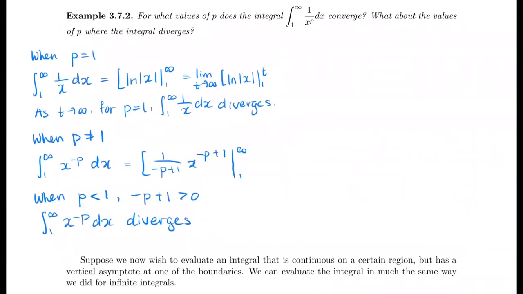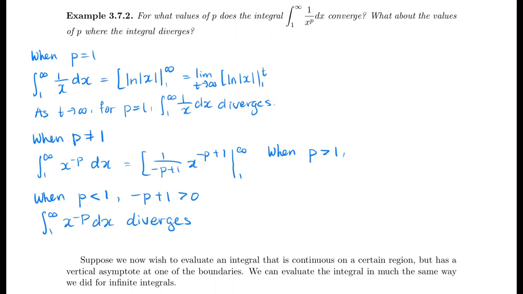Now, what about when p is greater than 1? Then that means the exponent is going to be more negative. So for example, take p equal to 2. Then we would have the integral of 1 divided by x squared.